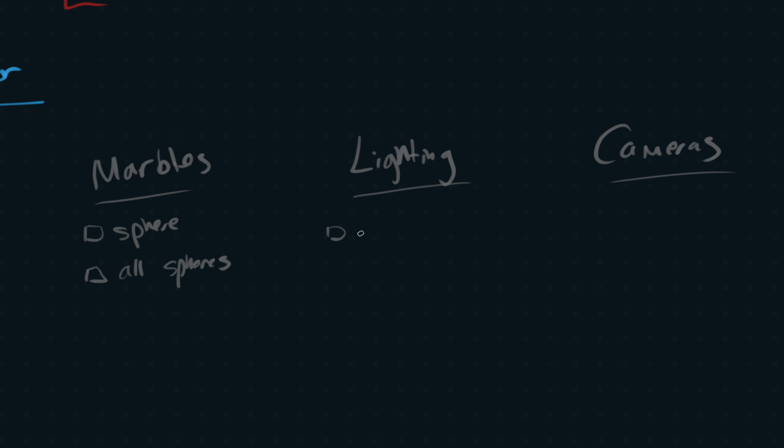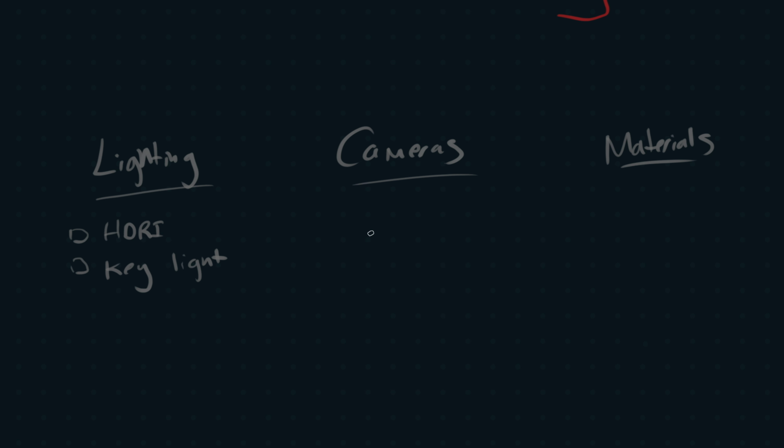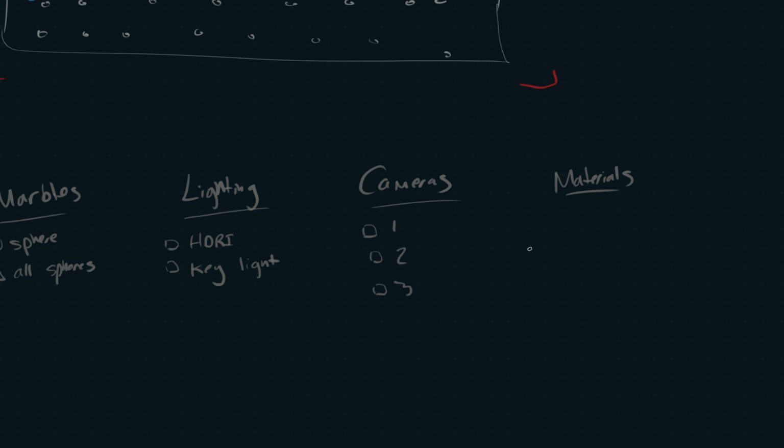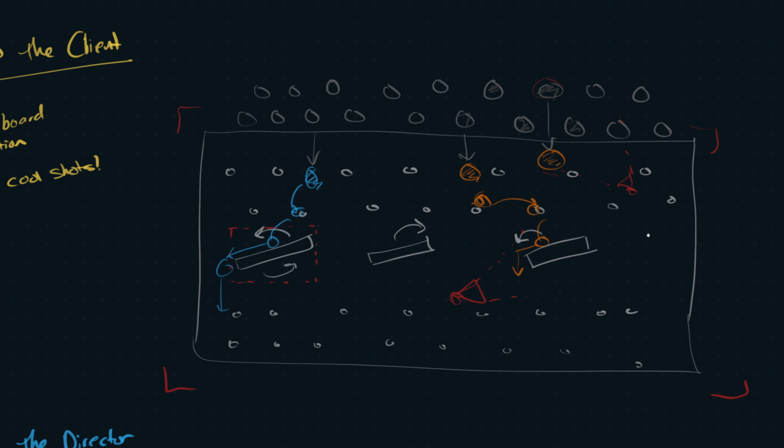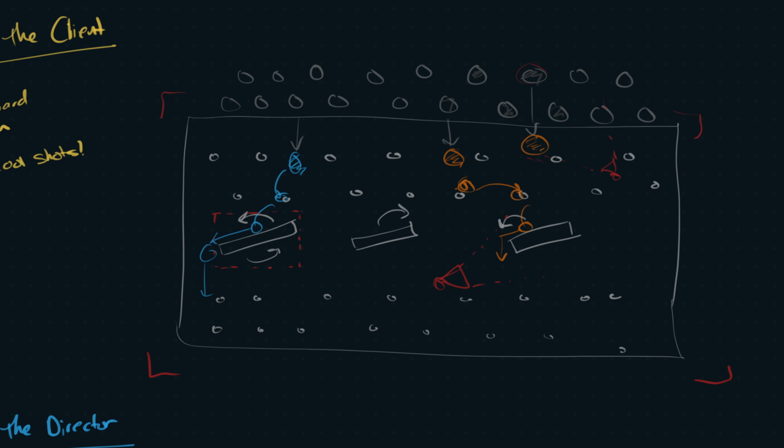Lighting, and we've got an HDRI, maybe a key light. And then the cameras, obviously we'll have 1, 2, 3, however many cameras we have. And materials. I either want to do a wood material or a plaster material.